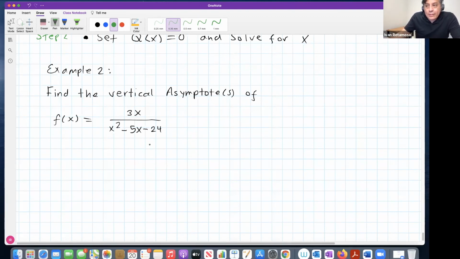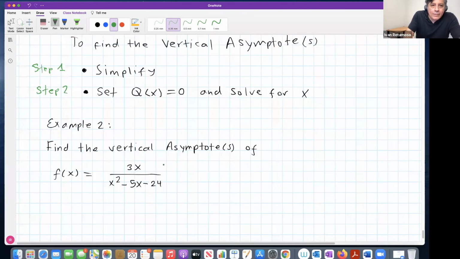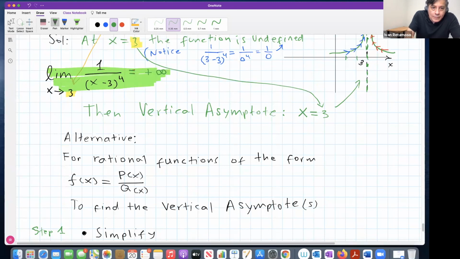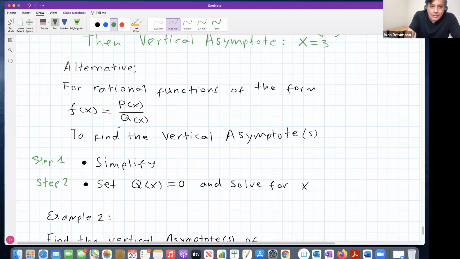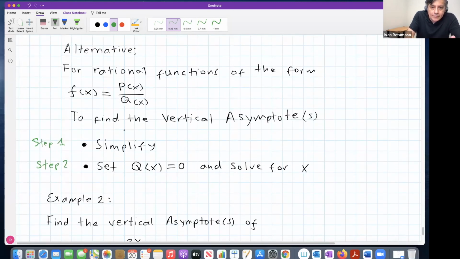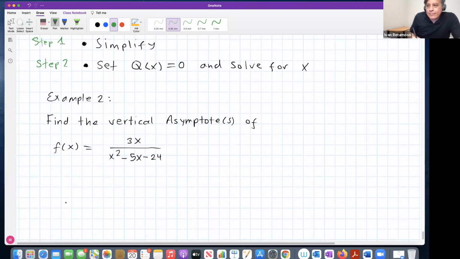I can do it using limits, but remember, for that, it's very tricky to figure out what you're going to write here, right? So instead, I'm going to follow this alternative here. To follow the alternative, what I'm going to do is this. I'm going to factor the denominator, okay, to see if I can simplify this first, this expression, okay?